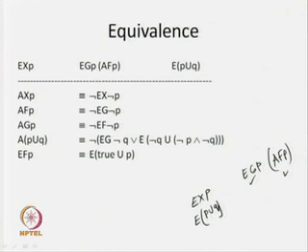In this case, if I know the procedure to evaluate EX p, then I can very well evaluate AX p by looking at this equivalence: AX p is equivalent to not of EX not of p. We do not have any problem, it is very simple.